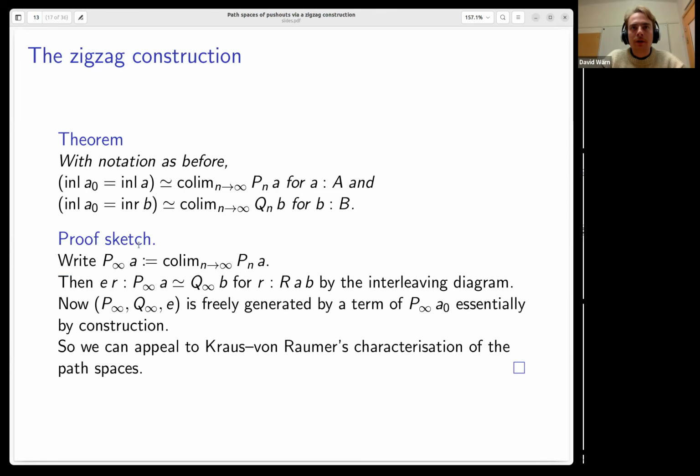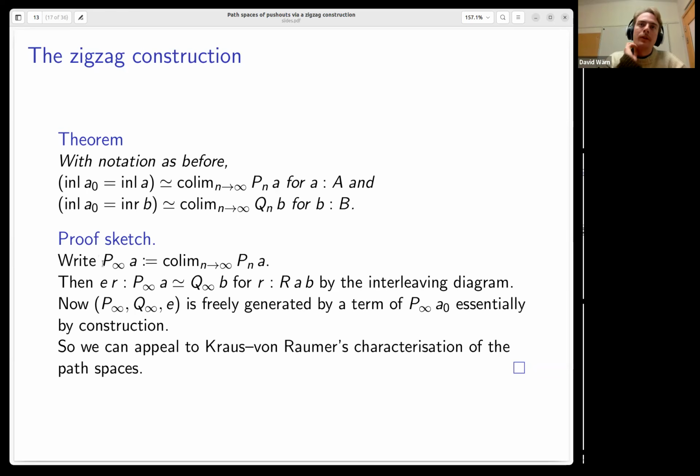There are a couple of different ways you could go about proving this exactly, but in particular, you could appeal to Kraus-Sattler's universal properties.